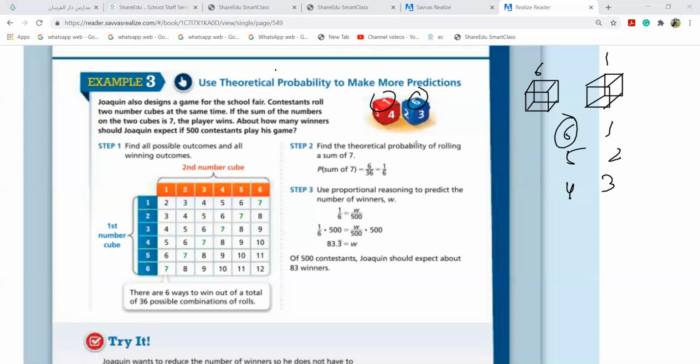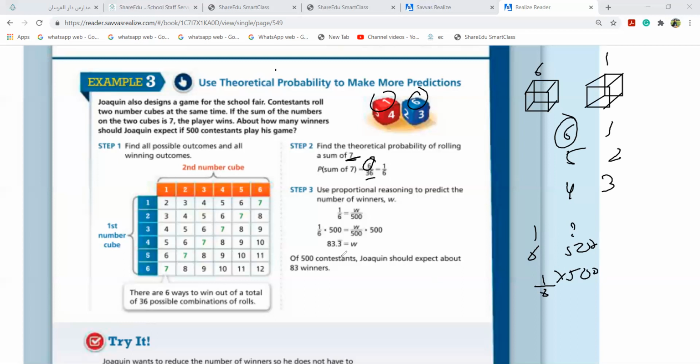So find the theoretical probability of rolling a sum of 7. So a sum of 7 means 6 chances out of 36. And if it is 1 out of 6, so for 500, how many? So 1 over 6 multiplied by 500.